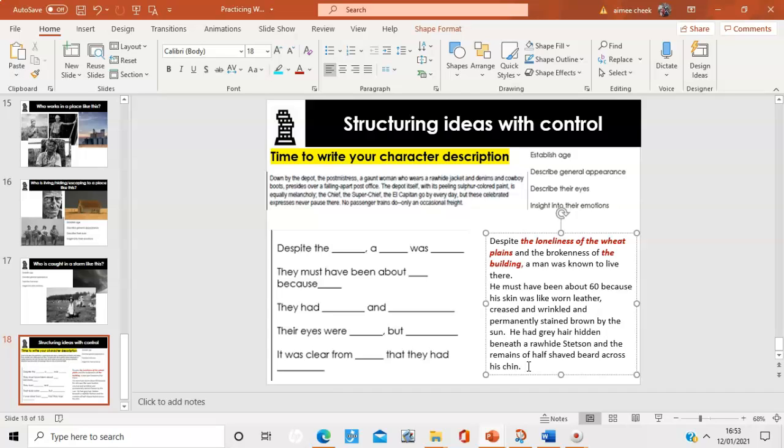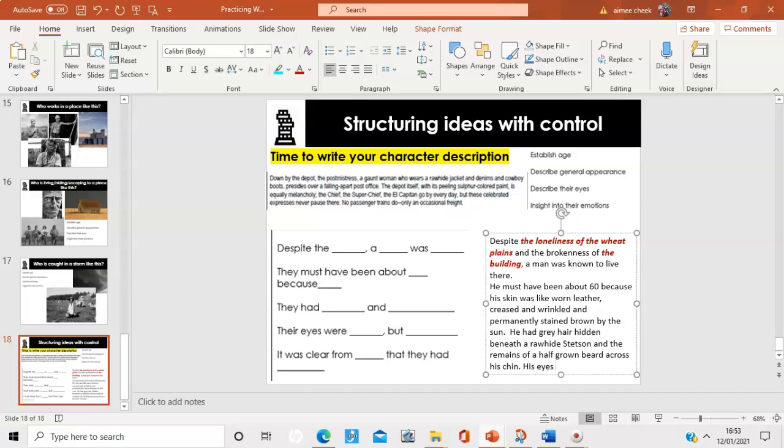Their eyes were... Now, can you remember I said I wanted my guy to have green-grey eyes, but with a spark of fire with gold in them to suggest that he's still a bit of a fighter. So he had grey hair hidden beneath a rawhide Stetson and the remains of a half-shaven, actually a half-grown, maybe that might work better, a half-grown beard across his chin.